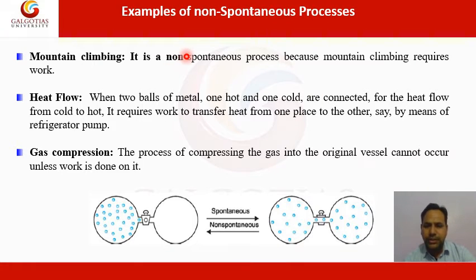Now examples of non-spontaneous processes. A spontaneous process is directional. Mountain climbing is a non-spontaneous process because it requires work. Likewise, for heat to flow from cold to hot when two metal balls are connected, work is required to transfer heat from one place to another, say by means of a refrigerator pump.